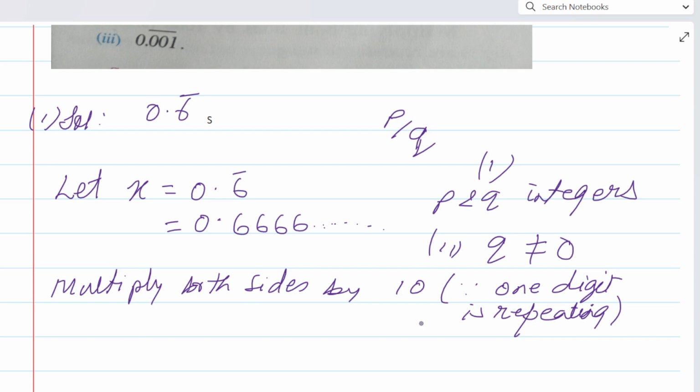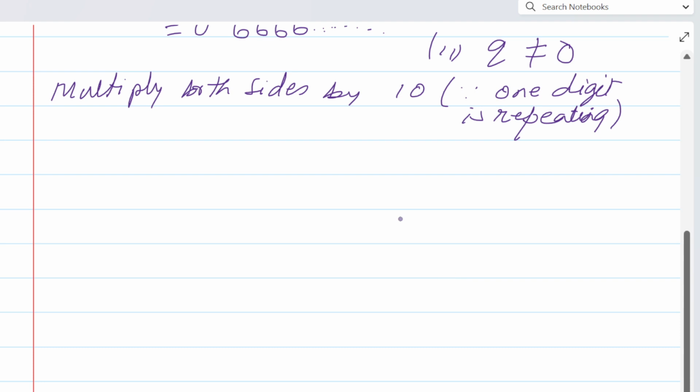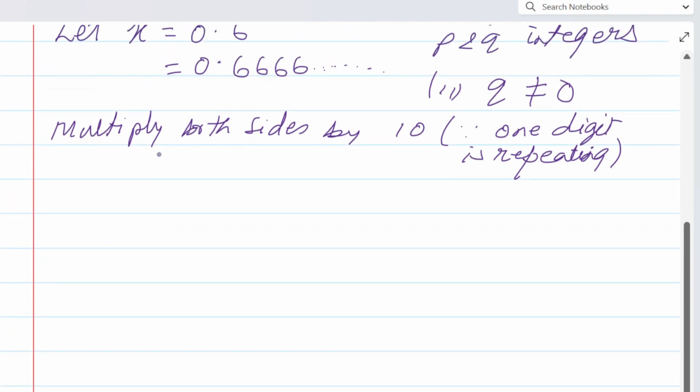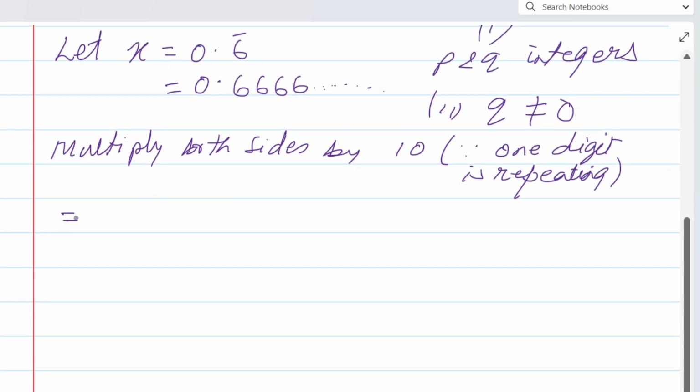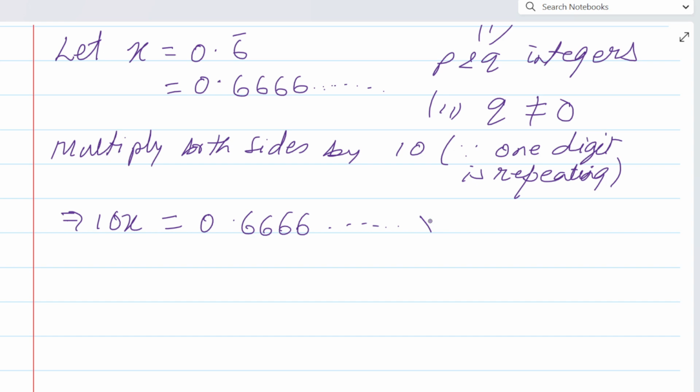What do you get if I multiply by 10? On this side I'll get 10x, equals 0.6666... into 10. So what will I get on this side? I'll get 6 point. Let me write it first: 6 point.